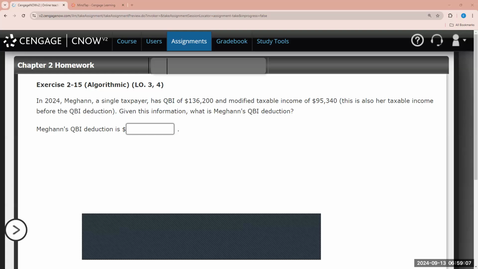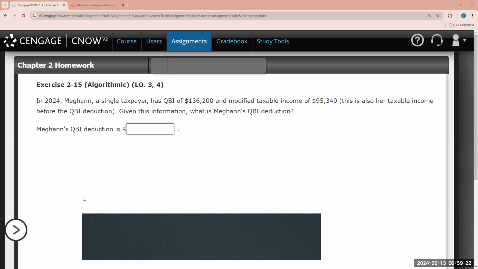So we know that at the very basic level, the QBI deduction is the lesser of 20% of qualified business income or 20% of the individual's modified taxable income.